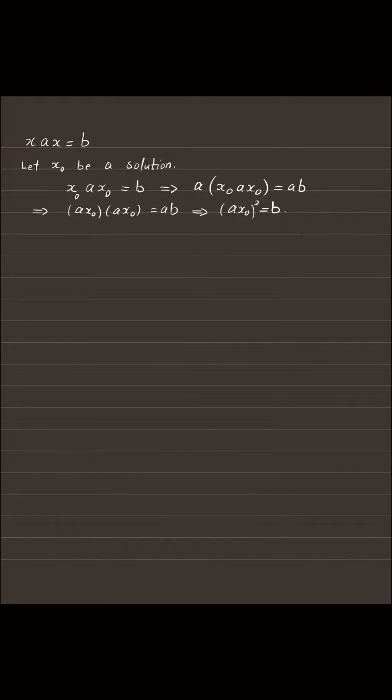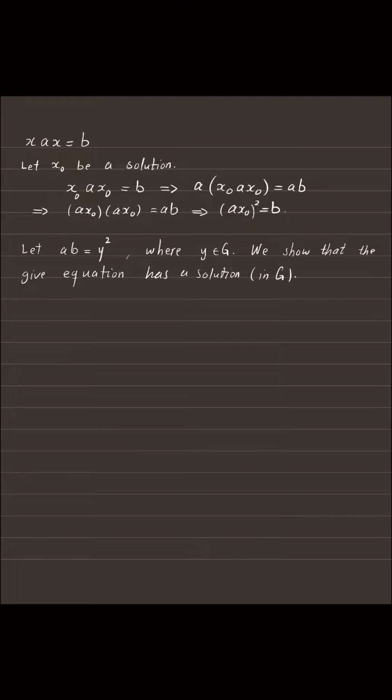So I would say that let ab be equal to, say, y to the power of 2, where y belongs to G. We show that the given equation has a solution, of course, in G.